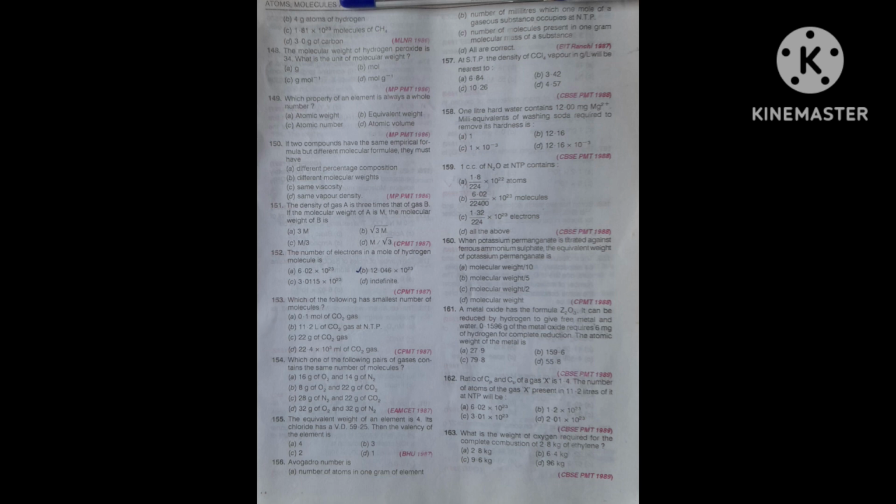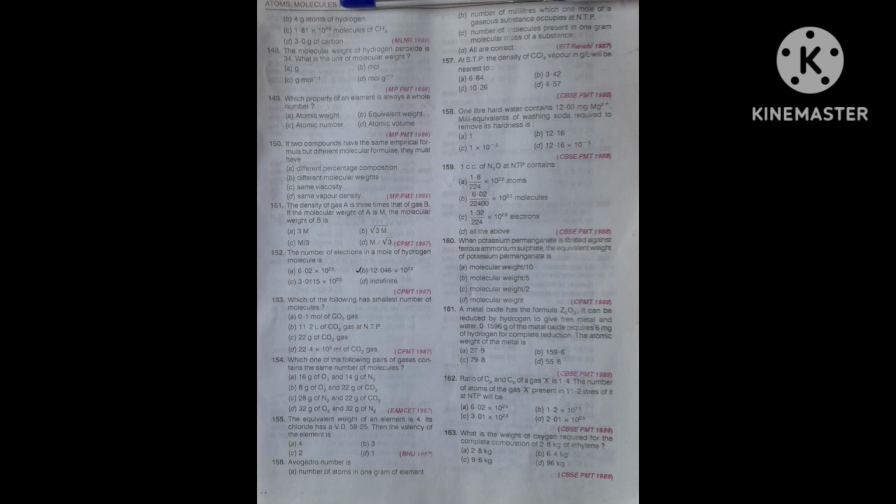How? Now I am telling you. You read the question, then you can answer it. A metal oxide has the formula Z2O3. Here Z2O3 means the metal valency is 3.